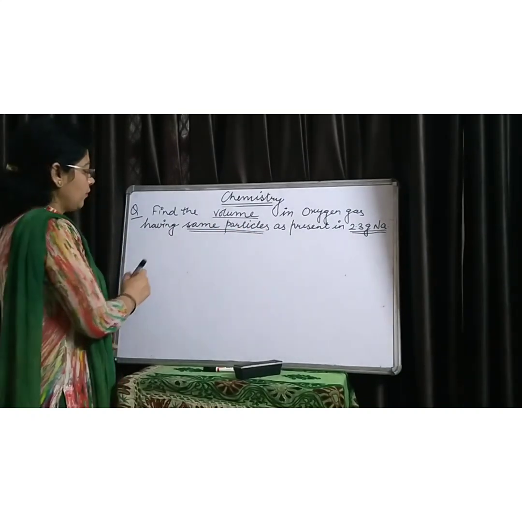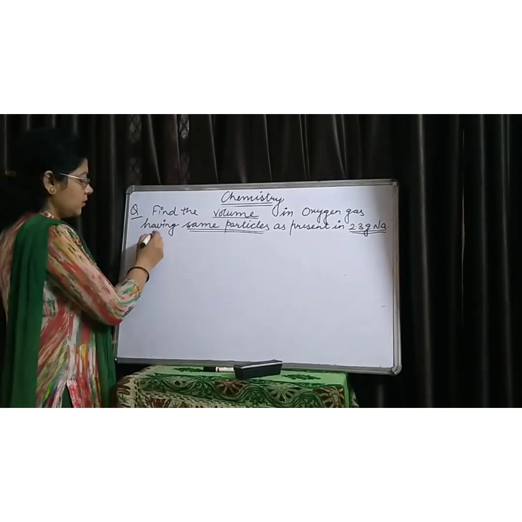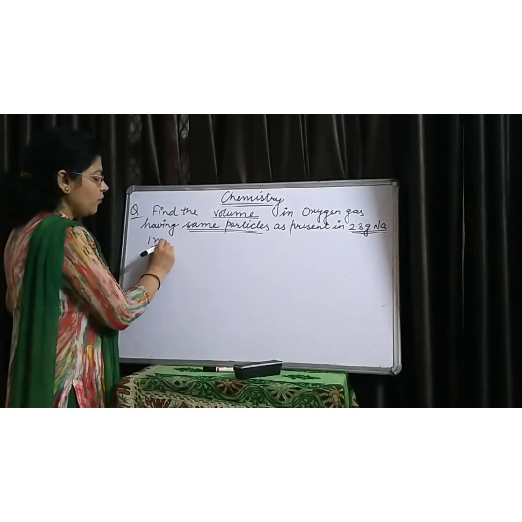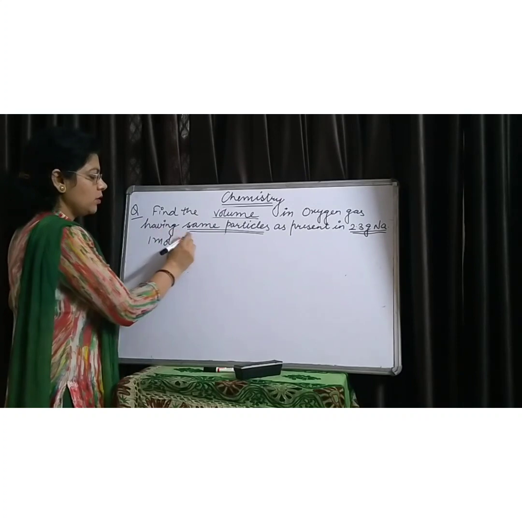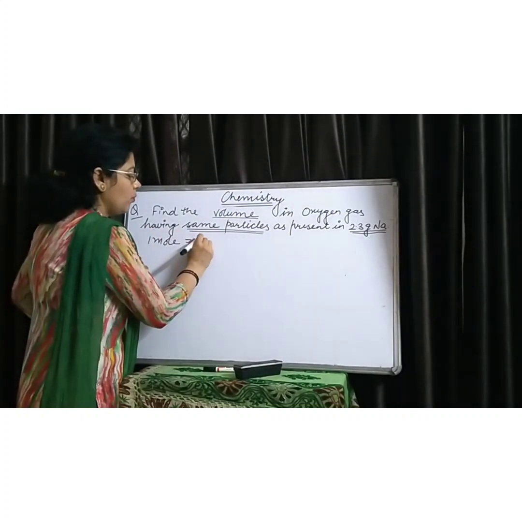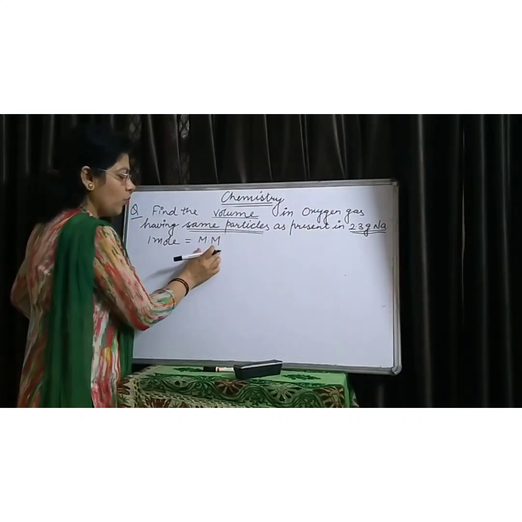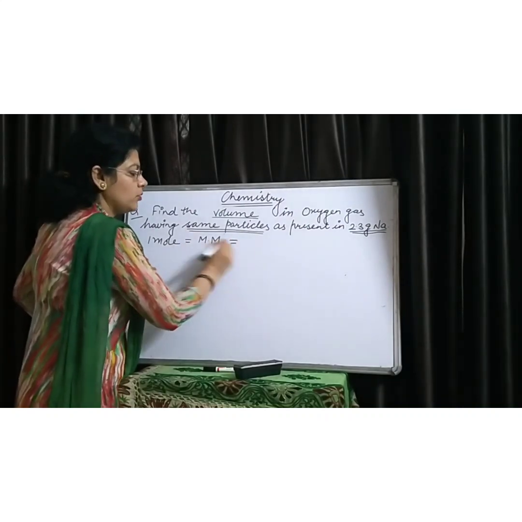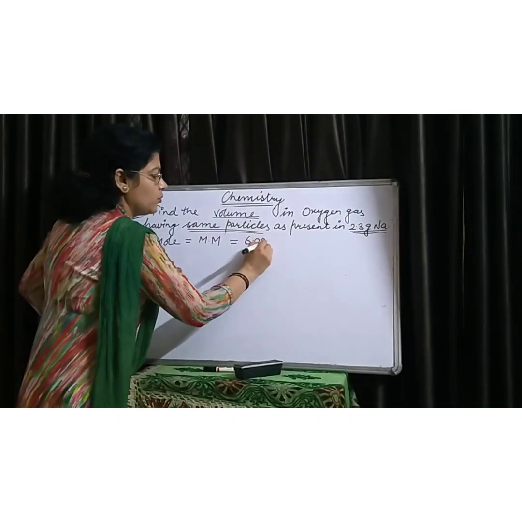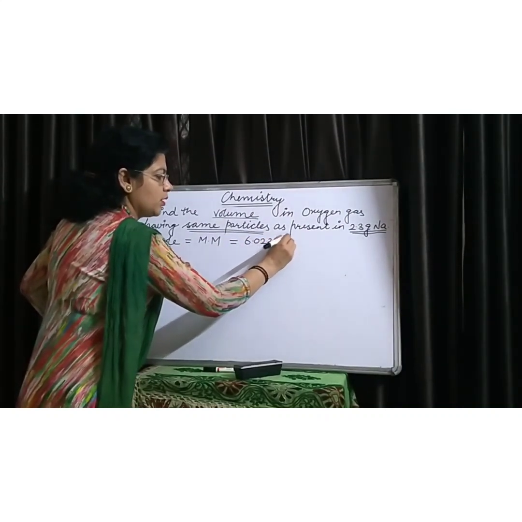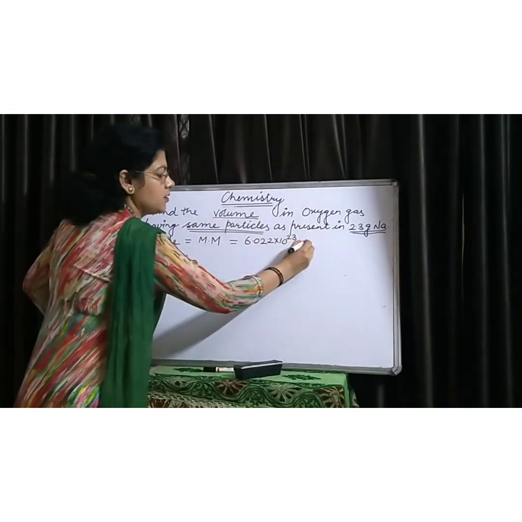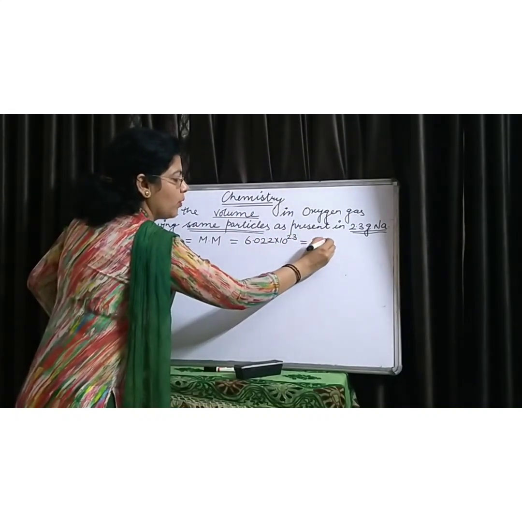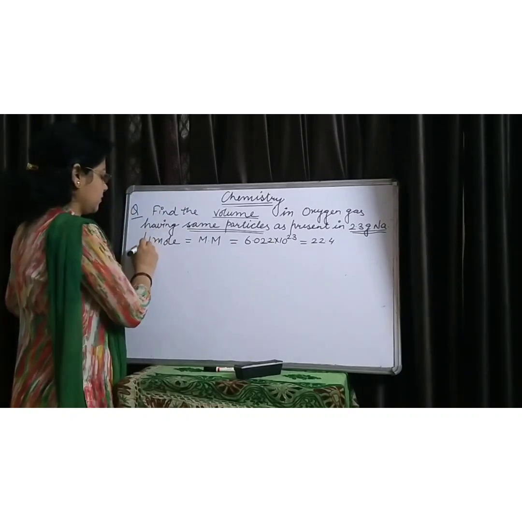First of all, we have to write the formula of mole, that is 1 mole equal to molar mass equal to 6.022 × 10^23, that is equal to 22.4 liters.